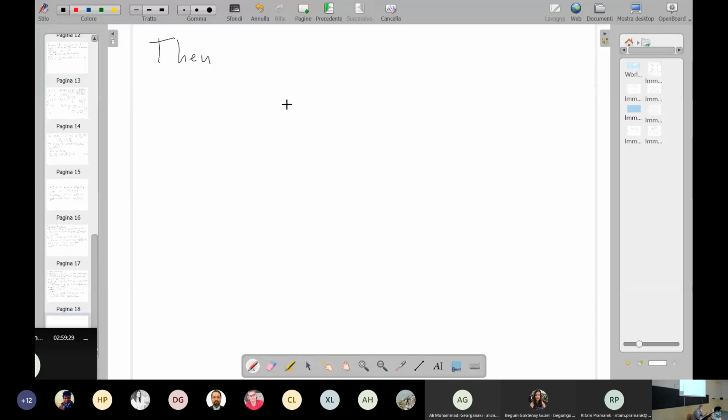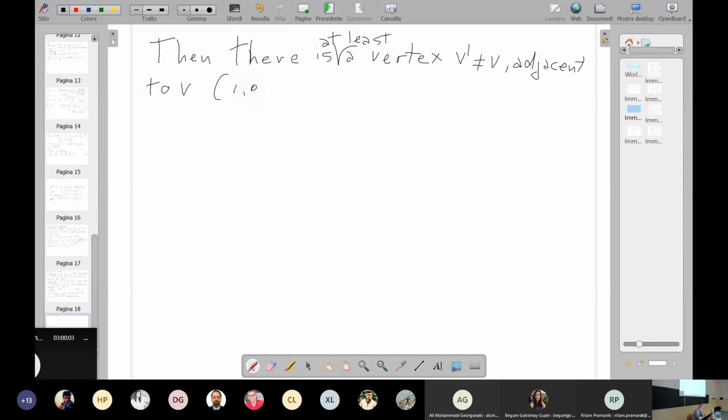So then there is a vertex, at least a vertex V prime different from V adjacent to V, that is joined to it by an edge.